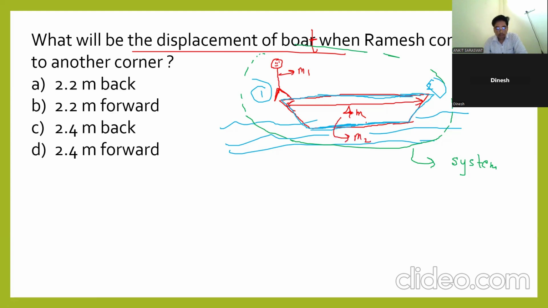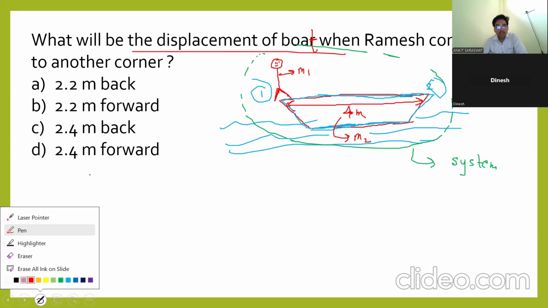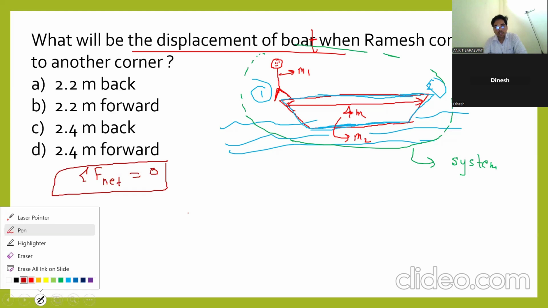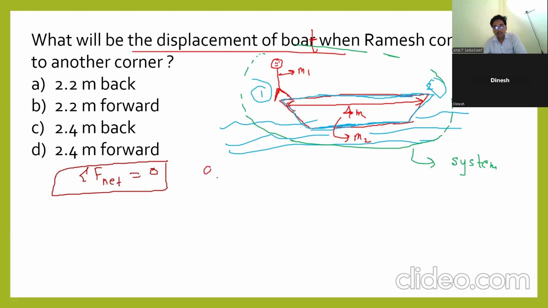Now the interesting thing is that there is no net force on the system, looking externally. If there is no net force, then what will be the acceleration of the center of mass? Zero.